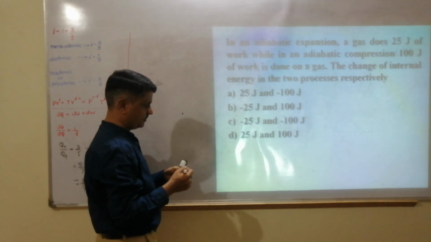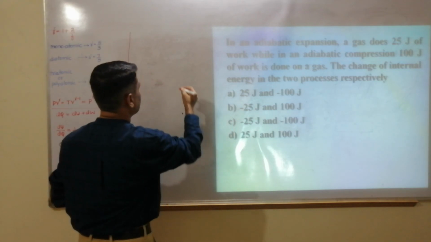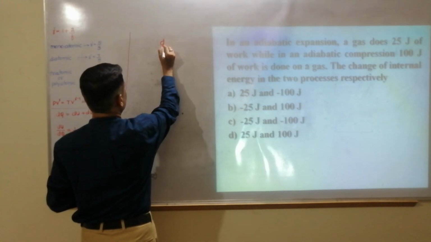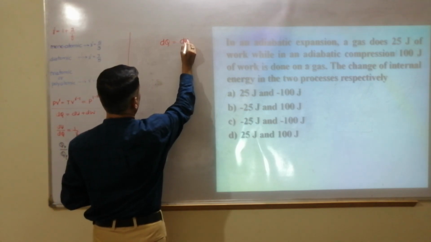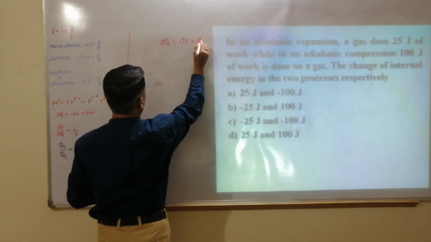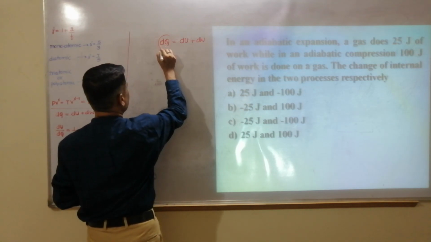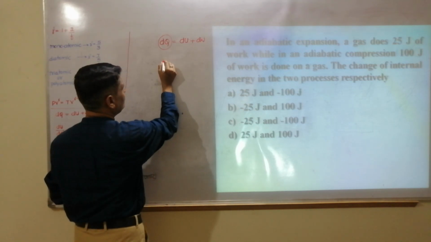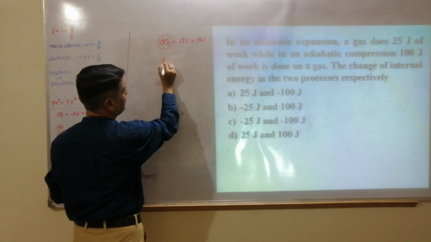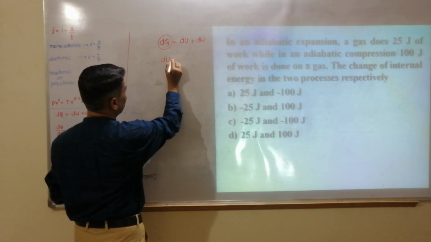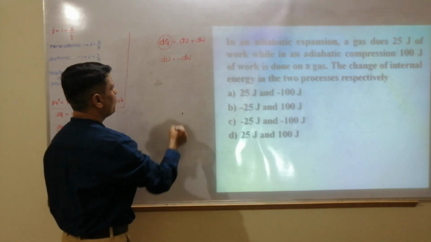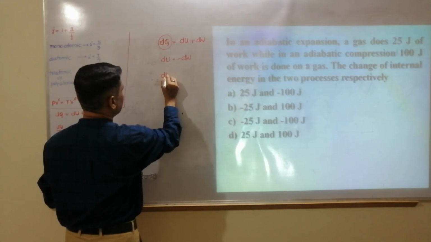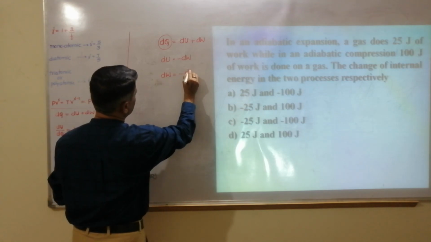Then simple, without calculation I can say, in first law of thermodynamics, dq is equal to du plus dw. For adiabatic process, dq is 0, then du is equal to minus dw, or dw is equal to minus du.